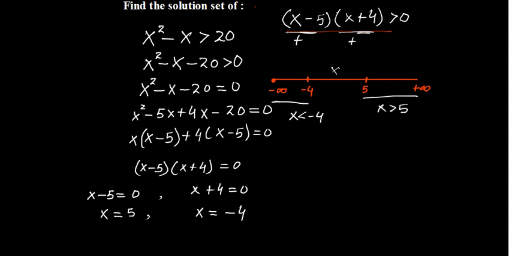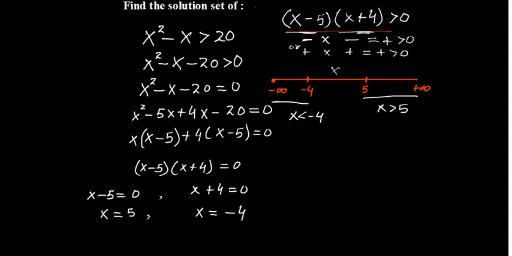And if they both are negative, negative times negative becomes positive, and positive is greater than 0. Either they both should be negative, or they both should be positive. In both cases, the product will be greater than 0.